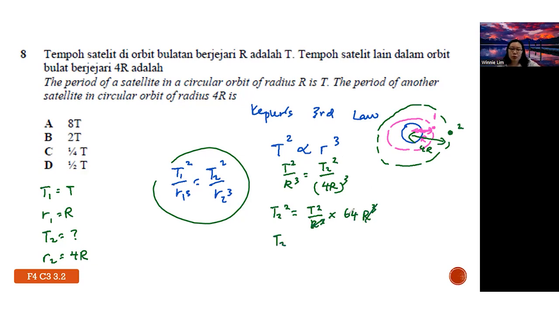Therefore T2 squared equals 64 T squared. And I want T2, so you square root. So finally you get 8T. So your answer is basically A. And if no problem, then we proceed to the next question.